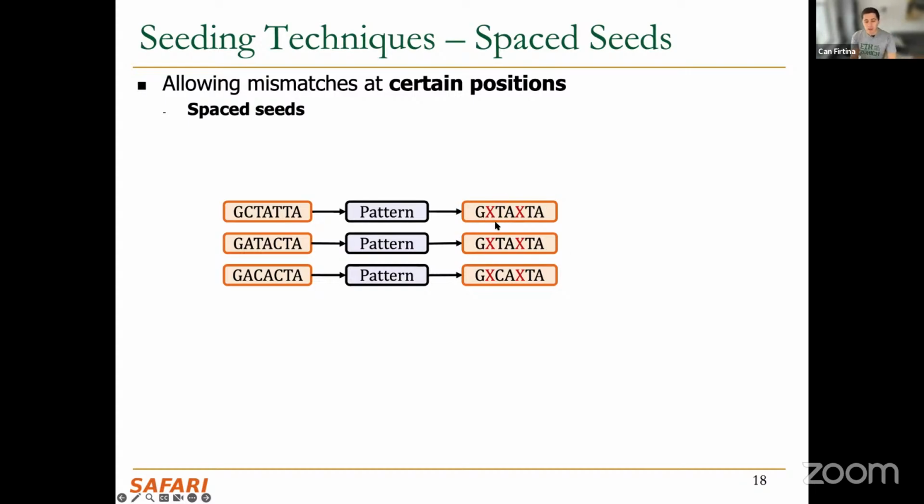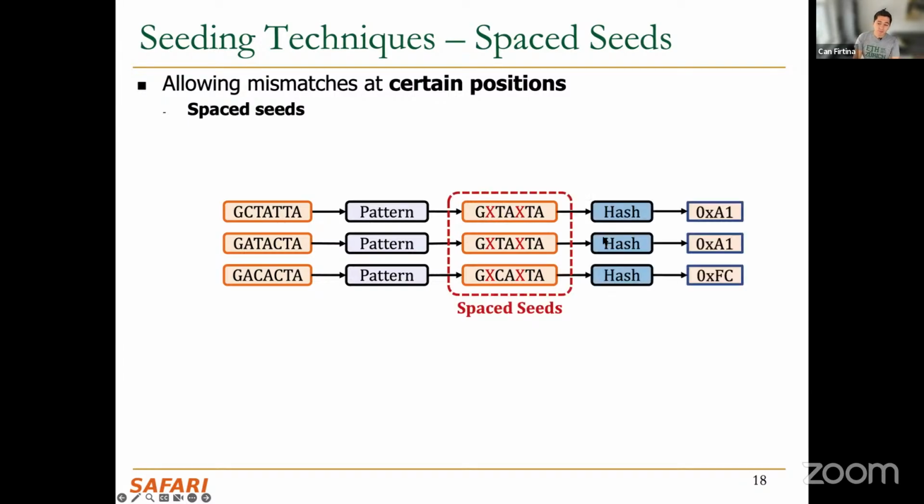But if you insert these don't care characters, and if you are lucky such that your don't care characters appear at the positions where the mismatches appear between sequences, then you just made these mismatching characters the same, because you inserted a don't care character here, for example an X. So when you hash them, they will end up generating the same hash value.